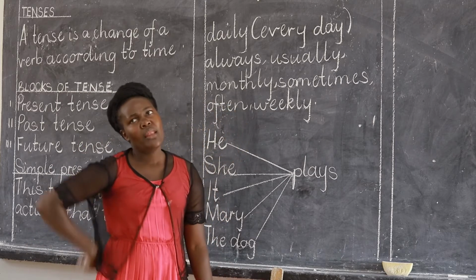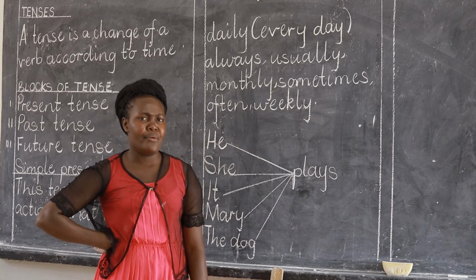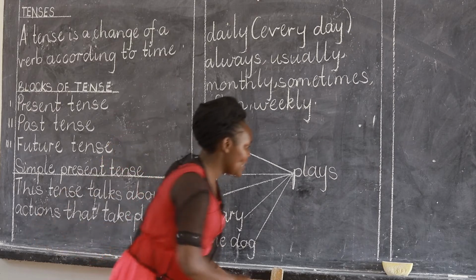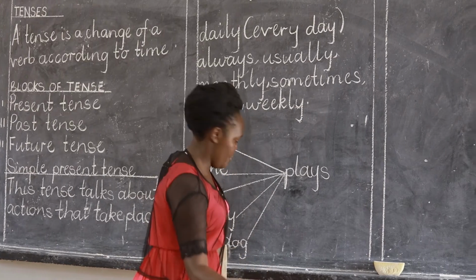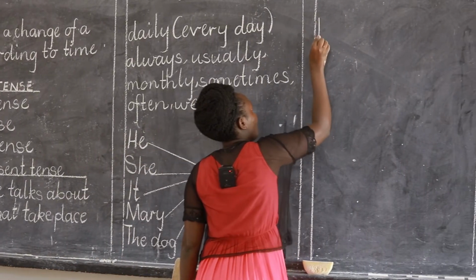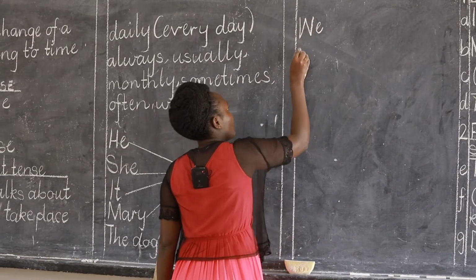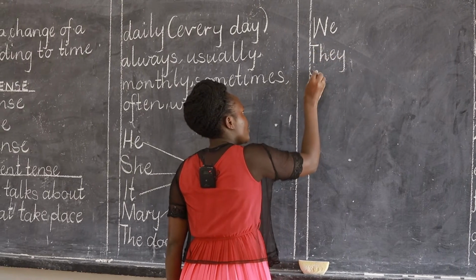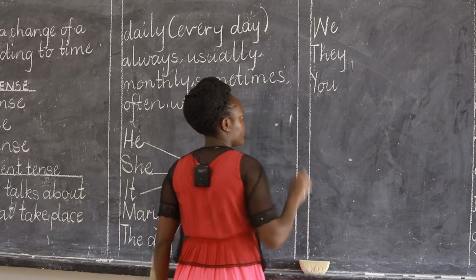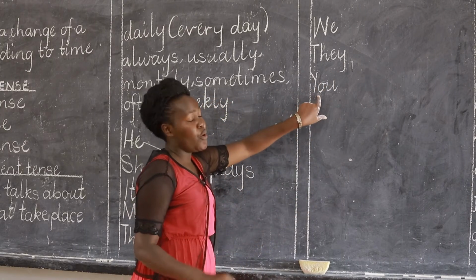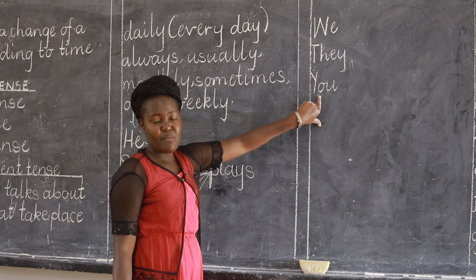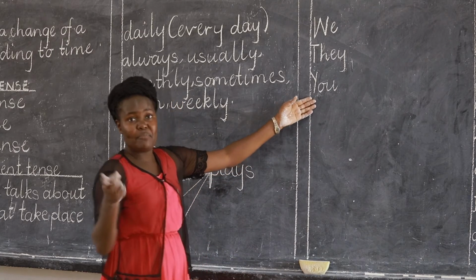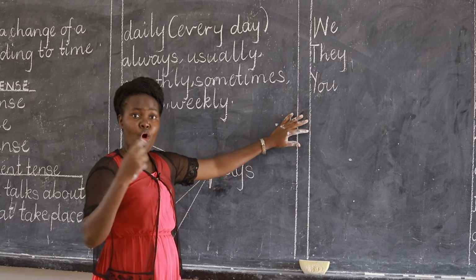And I was saying, now what about plural pronouns? What happens to them? Let's look at those plural pronouns. We have we, we have they, we have you. When it comes to you, we take it to the plural pronouns. But remember, I can be referring to one person, you, or many.